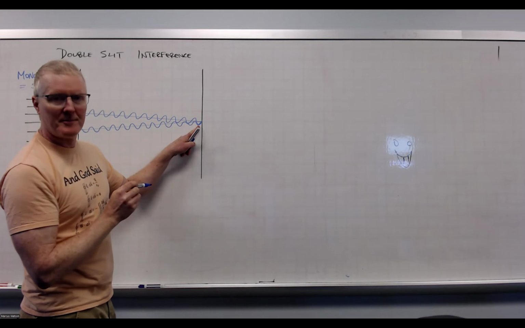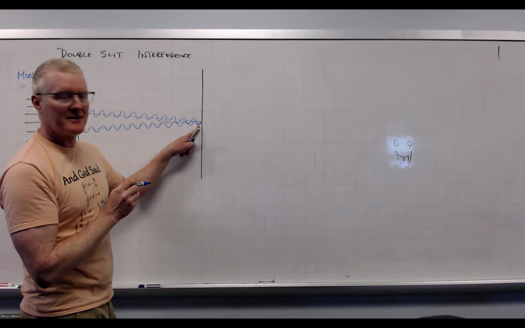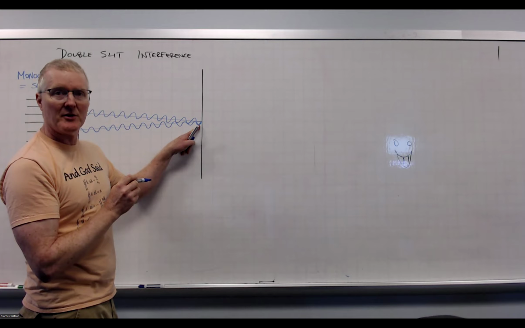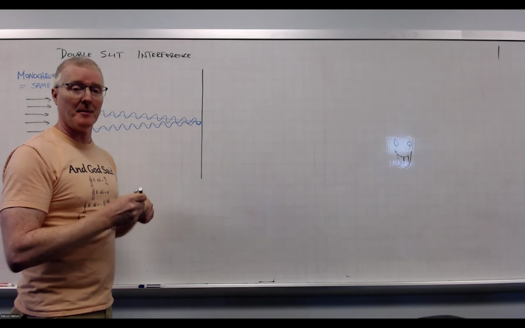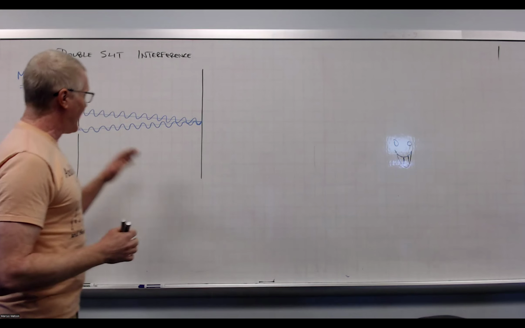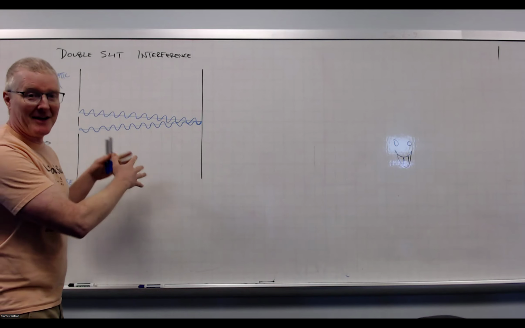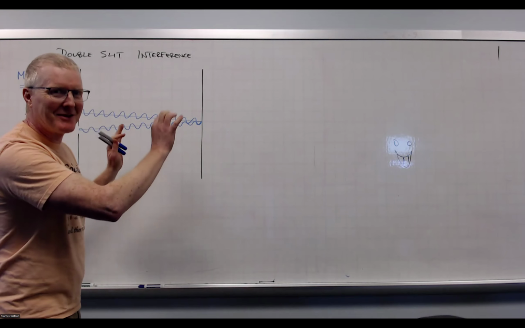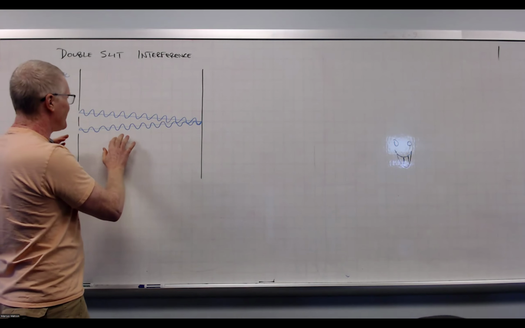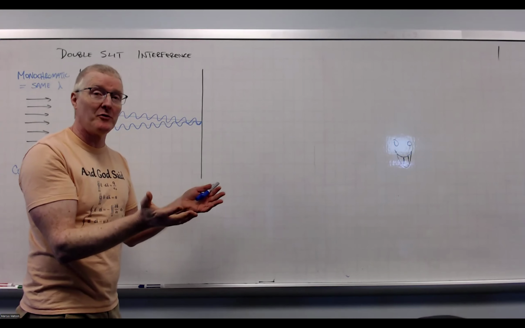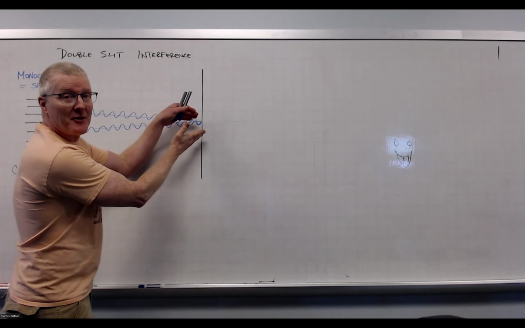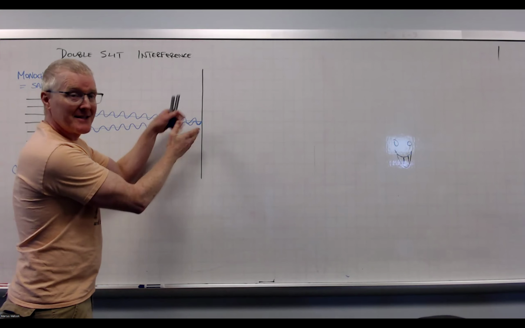And notice that they both ended up with the same exact phase here at the very end. That's what we're looking for. Okay, so maybe I'm not as bad as I'm saying I am. I have grids, so I can kind of cheat a little bit and make a wavelength grid. So I have 1, 2, 3, 4, 5, 6, 7, 8, 9, 10, 11, 12. So each one should have gone through 12 wavelengths, and their phase difference is 0 when they get to this point.